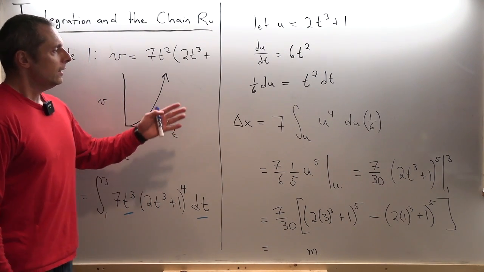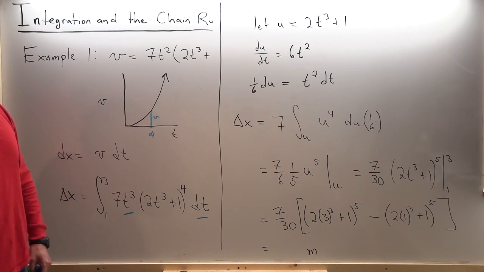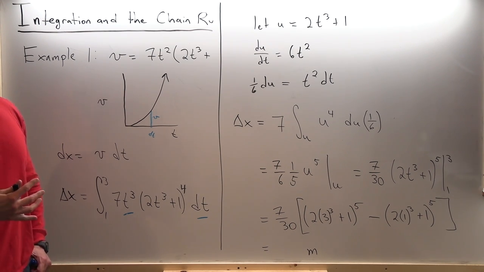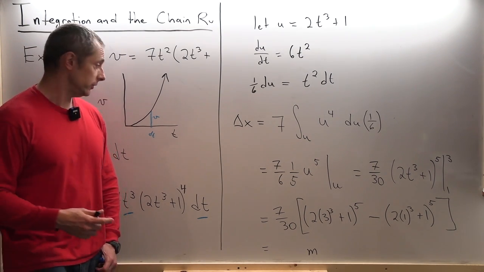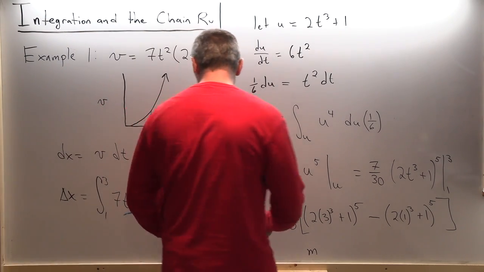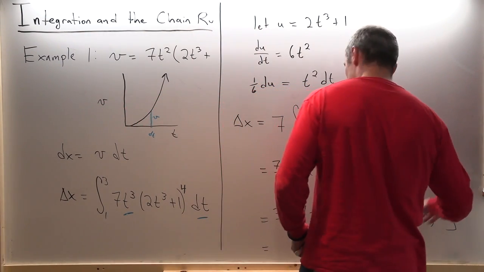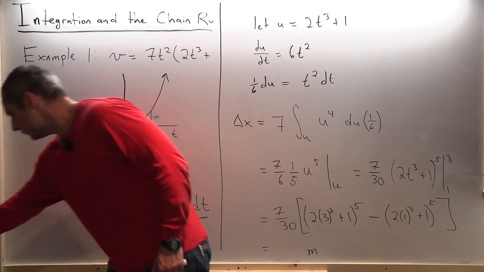All right, well, this was a pretty long process. What I'm going to do now is show you a shorter way, a quicker way to get this answer. Okay, so what I'm going to do is erase up to here to give myself some room.